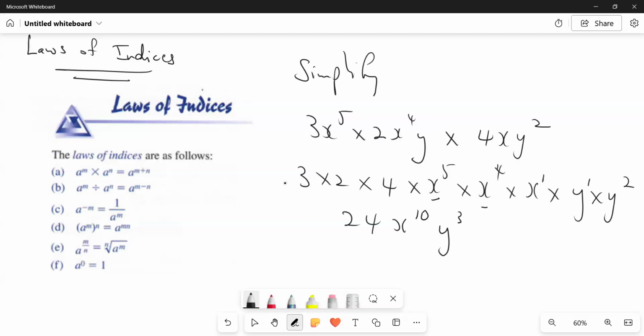So this is the same as this, is the same as that. Some people would not even do this. They would just multiply the numbers in front, 3 by 2 by 4, 24. x to the 5 and x to the 4 and x here, they just add up the powers. 5 and 4, 9 and 1, 10, you put x to the 10. y to the 1 power and y to the 2 power, you add up the powers, you put y to the 3, and that's it.